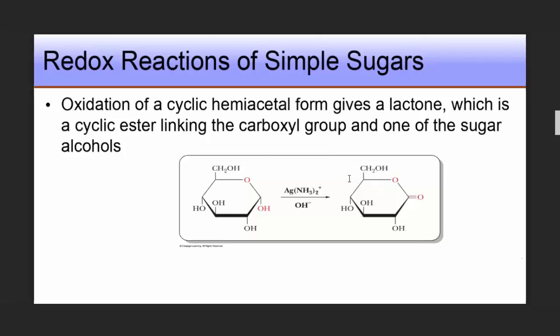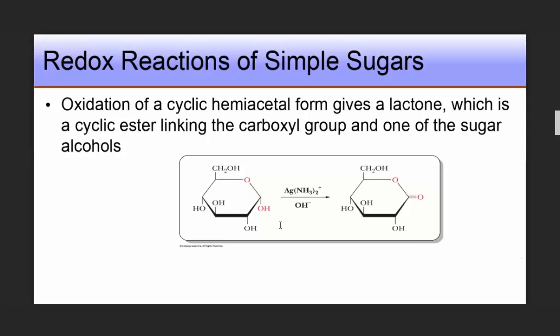Notice, we have two types of reagent used in the lab to detect the presence of reducing sugars. First is Tollens reagent, which uses the silver ammonia complex, Ag(NH3)2 plus, as the oxidizing agent. And what results?